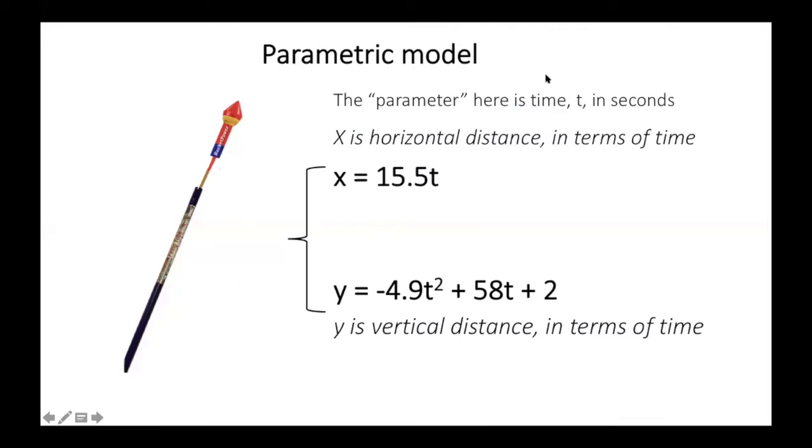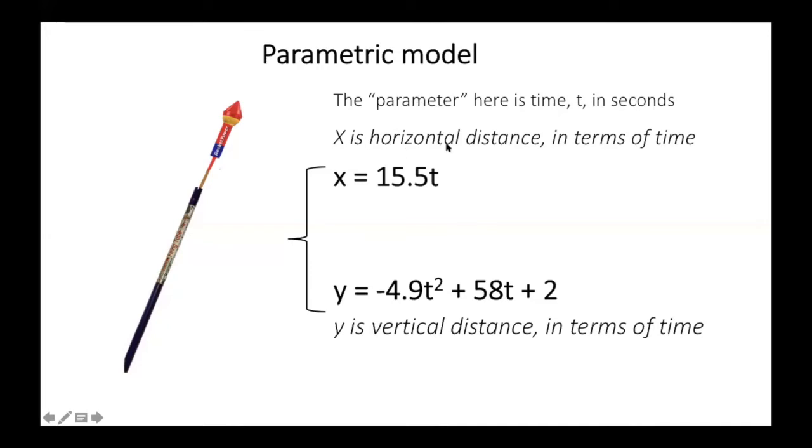What we've developed here, based on the work we did on the last slide, is what's known as a parametric model. So we have a pair of parametric equations. The parameter here is time, okay? So it's like the third variable. We have x, y, and t. The whole model is going to be generated based on time in seconds. That's called the parameter.